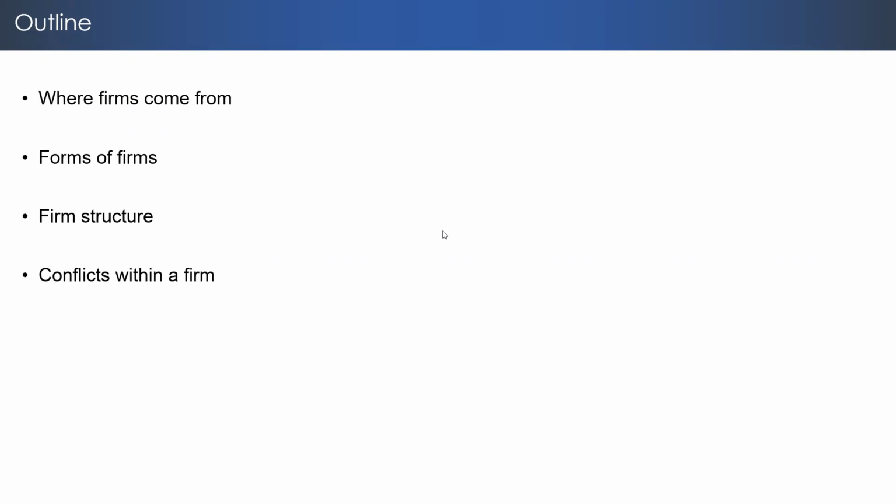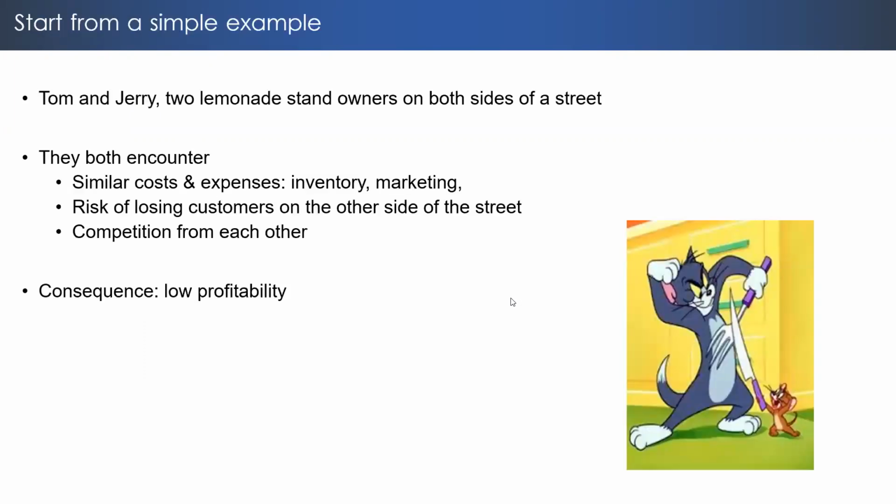Then we'll talk about the different structures of the firms, and finally some conflicts within the firm. We'll explain what conflicts will arise when we have different kinds of firms, and how that explains, back to the first question, why we have firms at all. Okay, so let's get started.